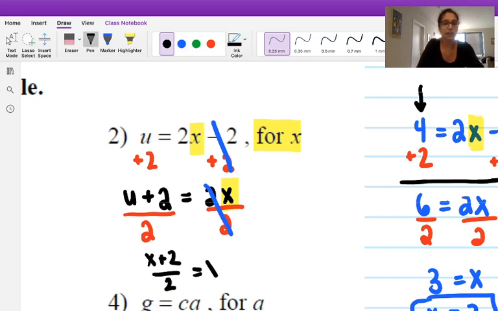Ooh, not x plus 2, u plus 2. U plus 2 over 2. Notice how the entire thing is over 2 because I'm dividing the entire side by 2. And the final answer, I'm just always going to rewrite it with my x on the left. X equals u plus 2 divided by 2. Final answer.